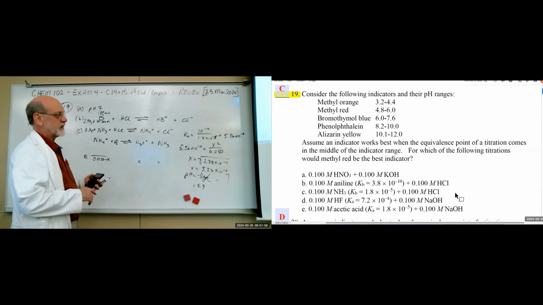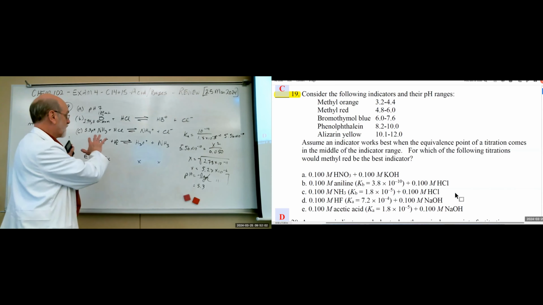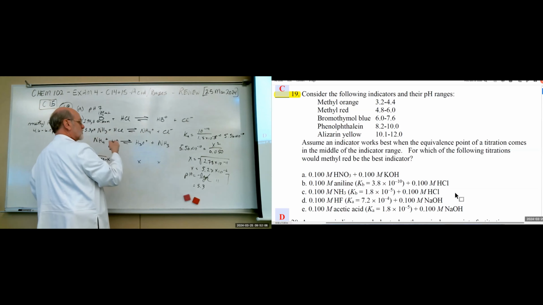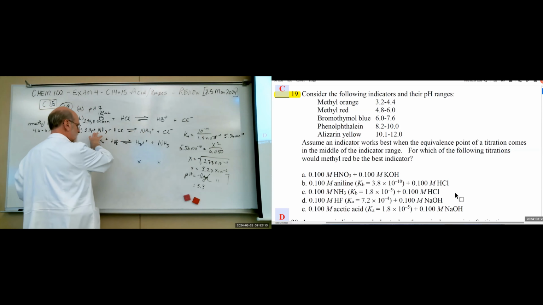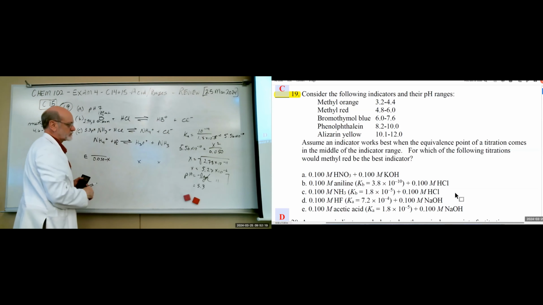Okay, we could do the others, but in the interest of time, it's the same process, right? You go stoichiometry, then you take the product of stoichiometry and go to equilibrium, right?